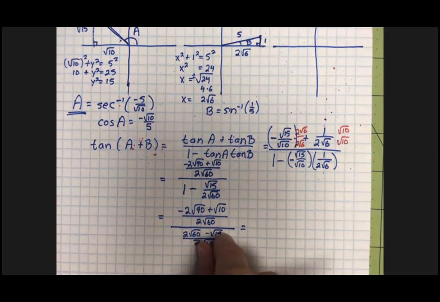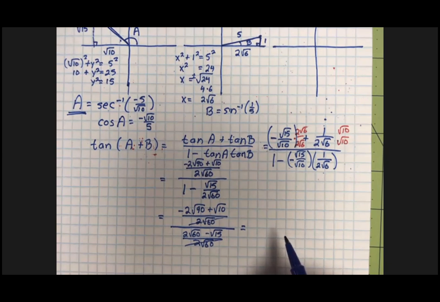So now I invert and multiply, but that'll just cancel these 2√60s. So I think now's the time I could simplify this √90. I can't simplify √10. I could simplify √60, but there's nothing to simplify in √15.